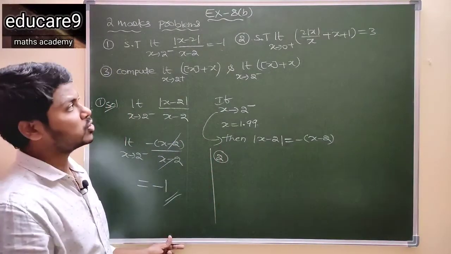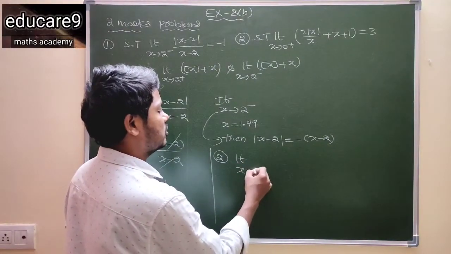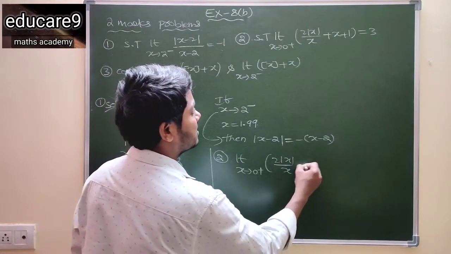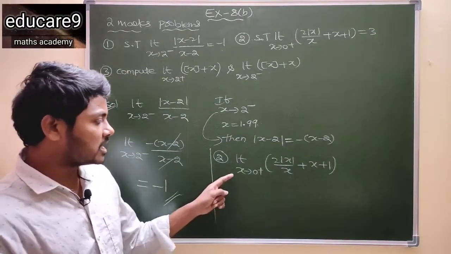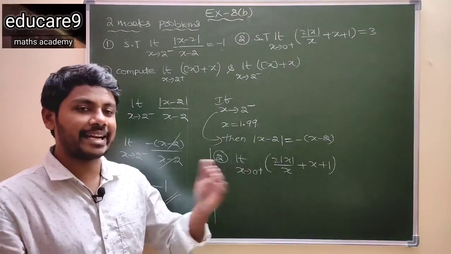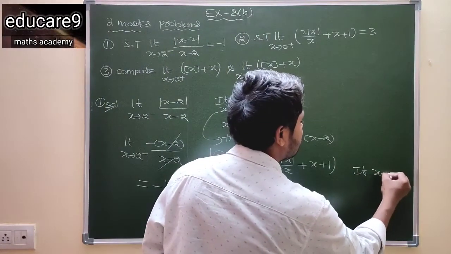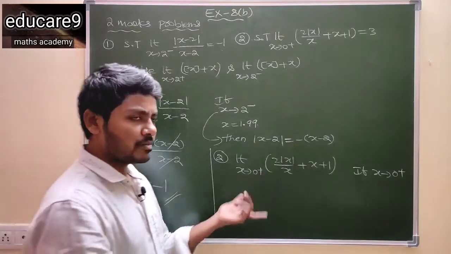And see the second solution. Given limit x tends to 0 plus of 2 into modulus of x by x plus x plus 1. See here, x tends to 0 plus means it is greater than 0, so you will get positive values. Then what is mod x?